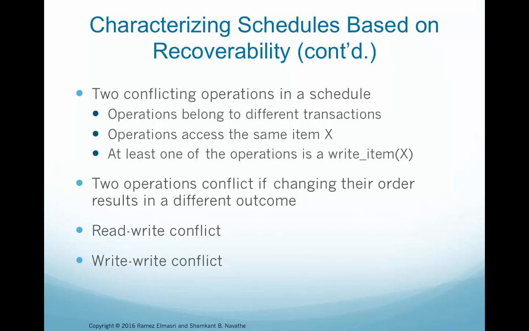There could be conflicting operations though whenever there is interleaving. A conflicting operation is basically when these operations belong to two different transactions. So there are multiple transactions with operations in each of them, and say those operations are accessing the same item X, and at least one of them is writing to X, then that's called conflicting operations.